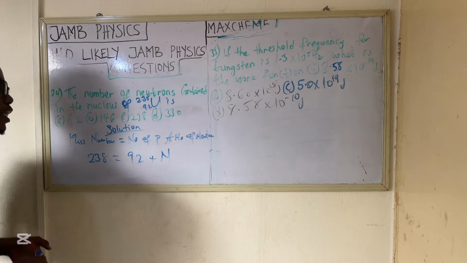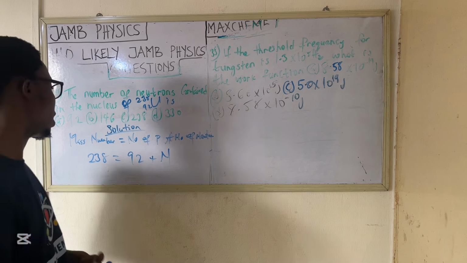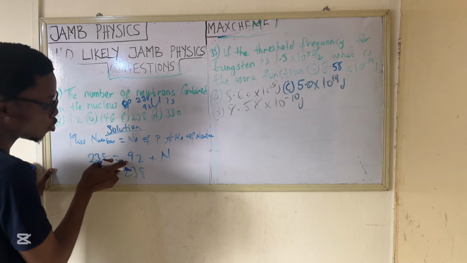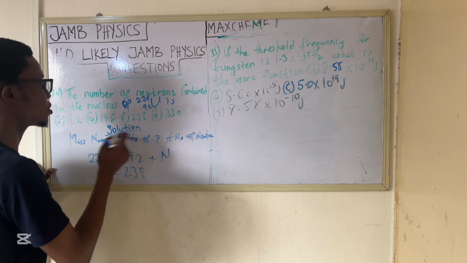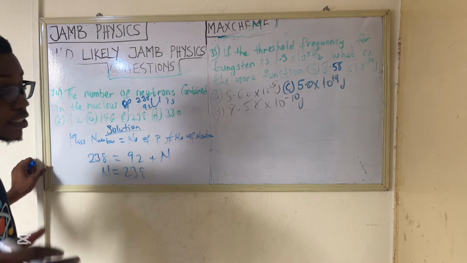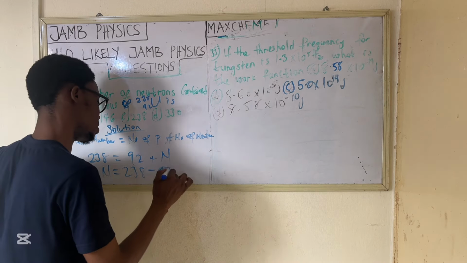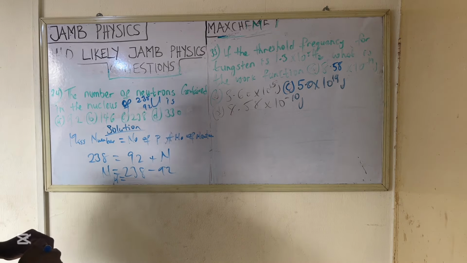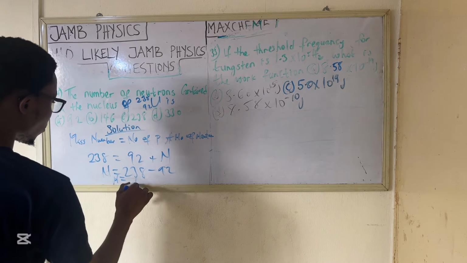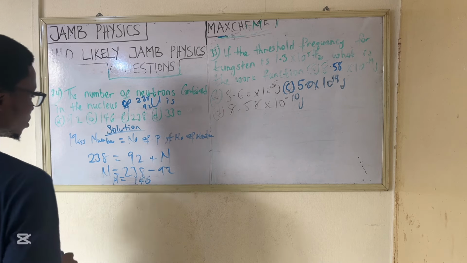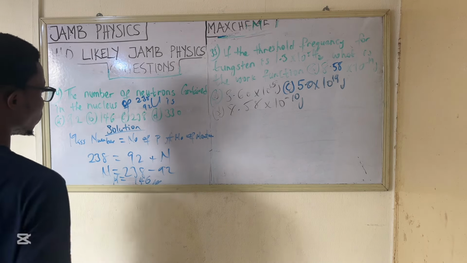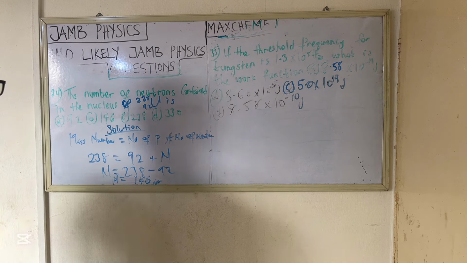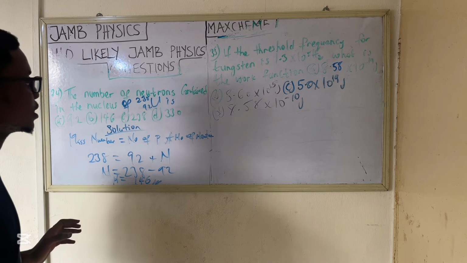So n is equal to 238 minus 92, because the 92 changes to negative 92 across the equals sign. So n equals 238 minus 92, and that is 146. That is the number of neutrons.